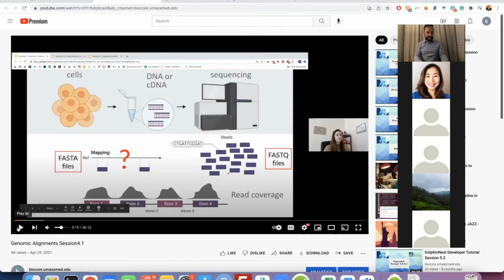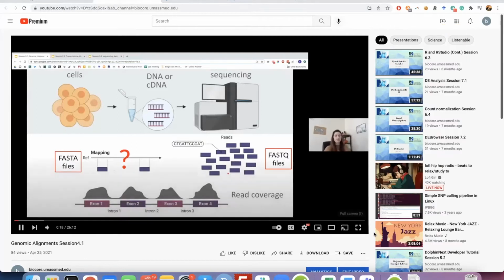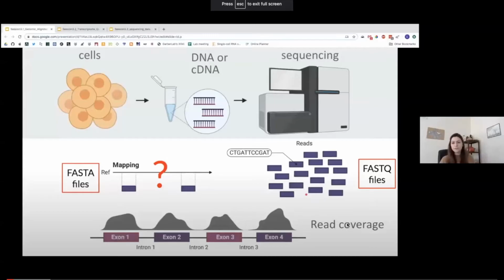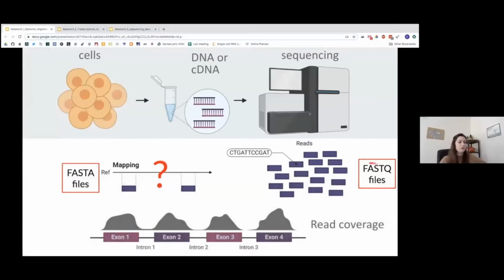Okay, so I'll start. Recapitulating from last week, after you have your sequencing done, your results are reads, which you now know are contained in FASTQ files. We need to figure out where exactly in the genome they came from. That's the mapping step we'll go over today.